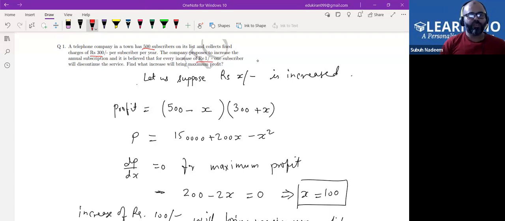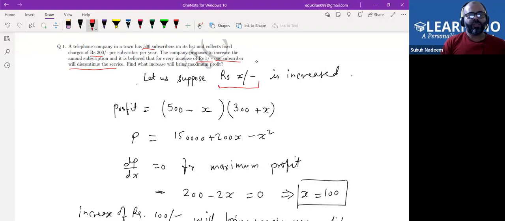So in such a situation, if suppose X amount is being increased, the number of subscribers will decrease by X, because for 1 rupee increase, one subscriber will discontinue the service.